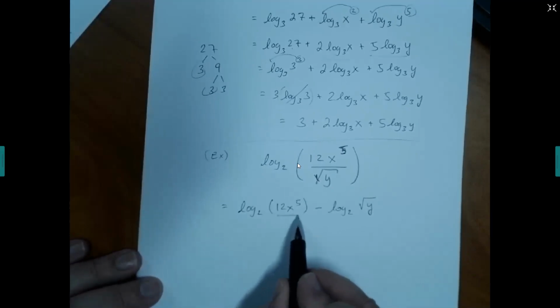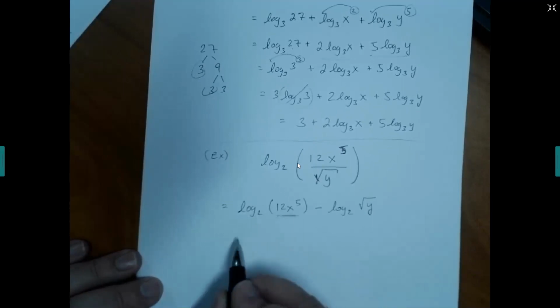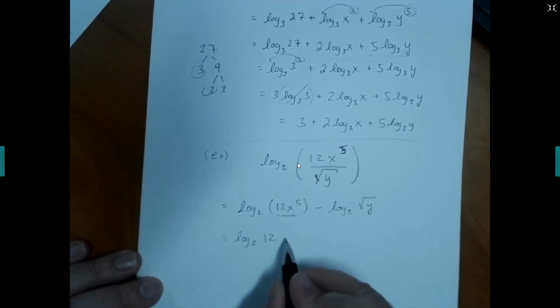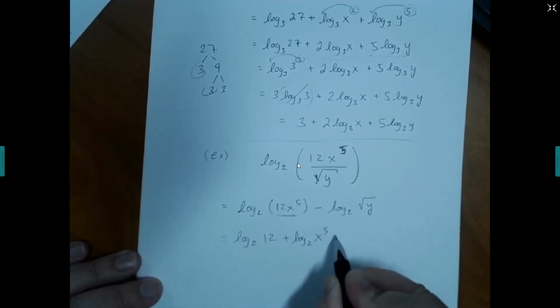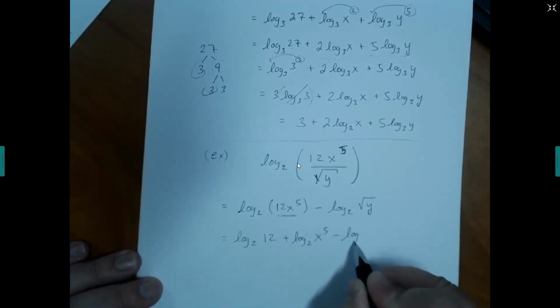This first one is a multiplication, 12 times x to the 5th. So we can split those up. Log base 2 of 12. Since multiply, we add log base 2 of x to the 5th minus log base 2 of square root of y.